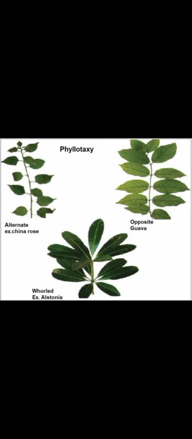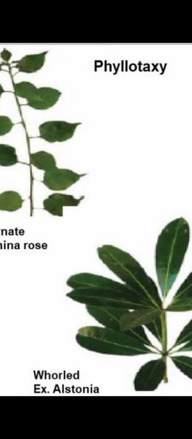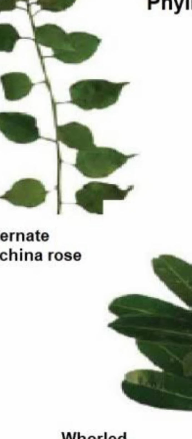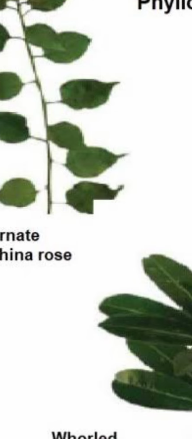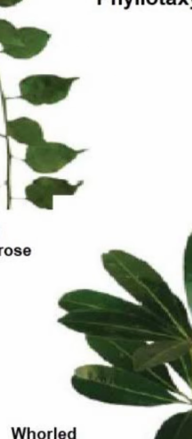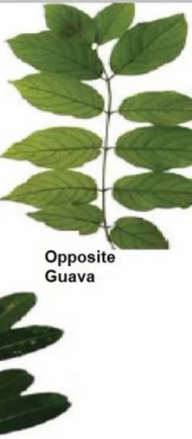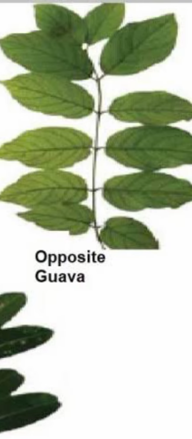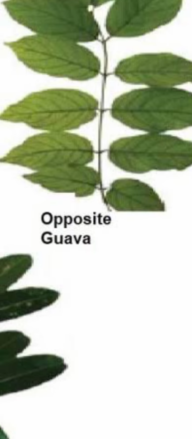This is another example of phyllotaxy, in China rose. Can you see the arrangement of leaves? They are alternately arranged, one above the other in an alternate manner. Then this is guava. The leaves are arranged opposite, one beside the other.